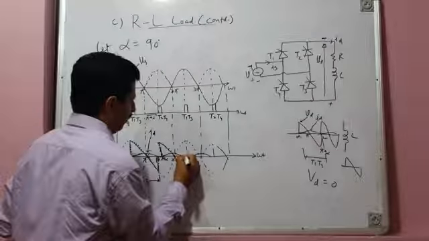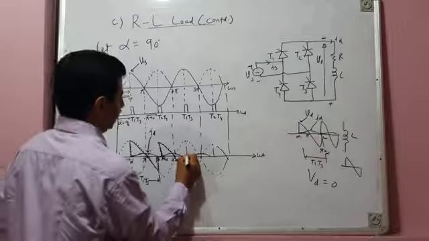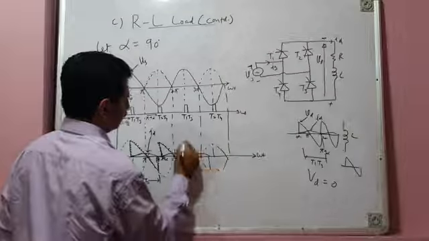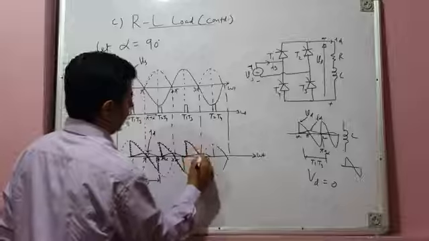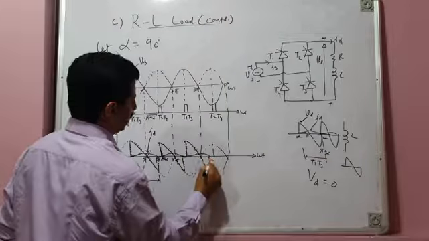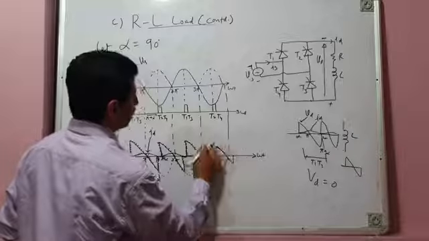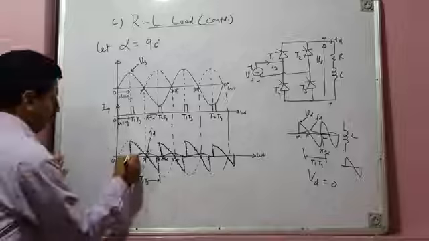And then from 2 pi plus beta to 2 pi plus alpha, load voltage is again zero, and then repeats. You will again have a large positive segment of voltage and a small negative segment of voltage, and then zero voltage, and so on. So this is the nature of load voltage, and this is load current.